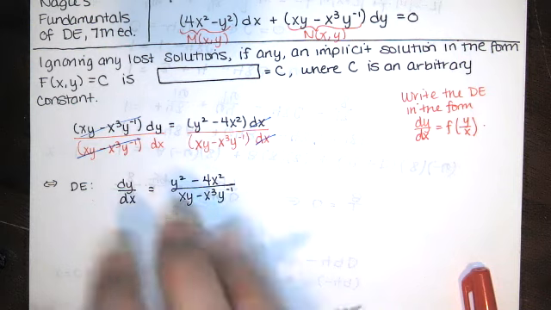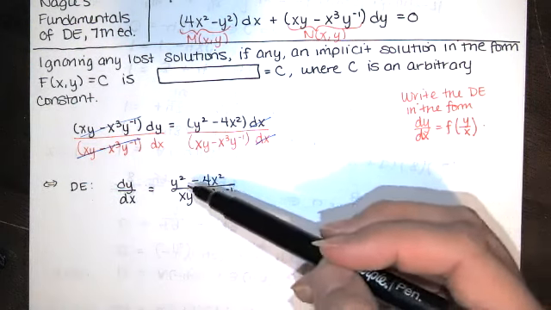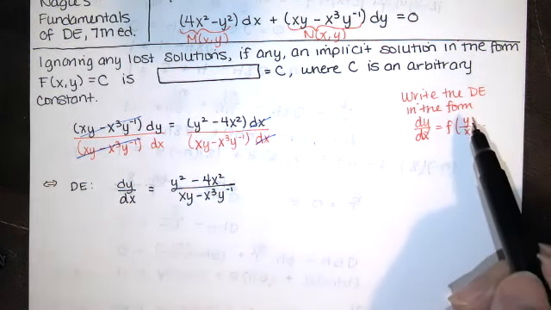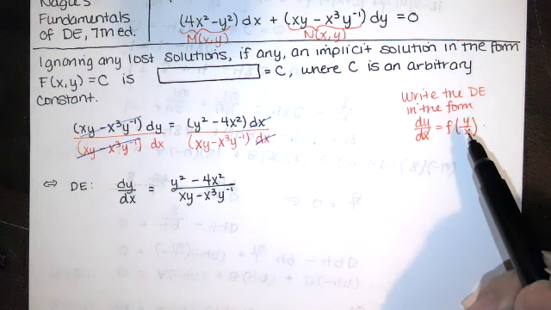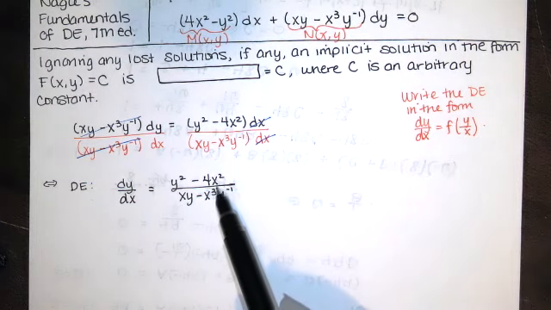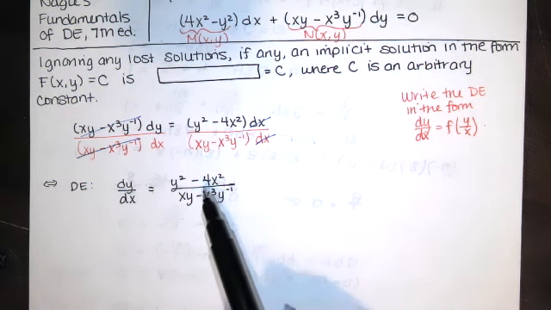Now, if you have something that looks like this, where you have homogeneous functions of the same degree in the numerator and denominator, and you'd like to write it as a function of y over x, what I recommend is that you divide by the highest power of x. Well, I was going to say highest power of x in the numerator, but that's not quite right.